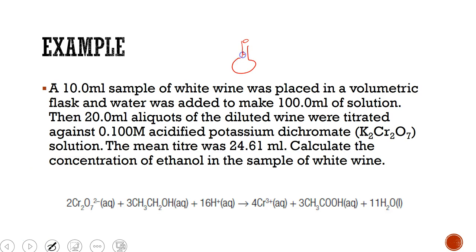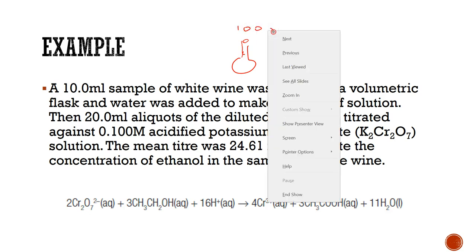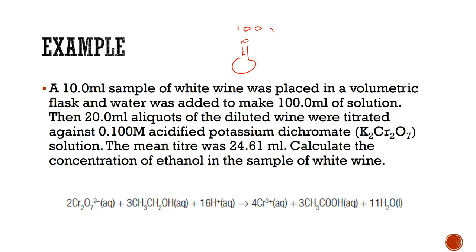So we're going to have a 100 ml flask here. Okay, and we've taken 10 mils of our wine and placed it into the 100 ml. So we've got a 1 in 10 dilution here.